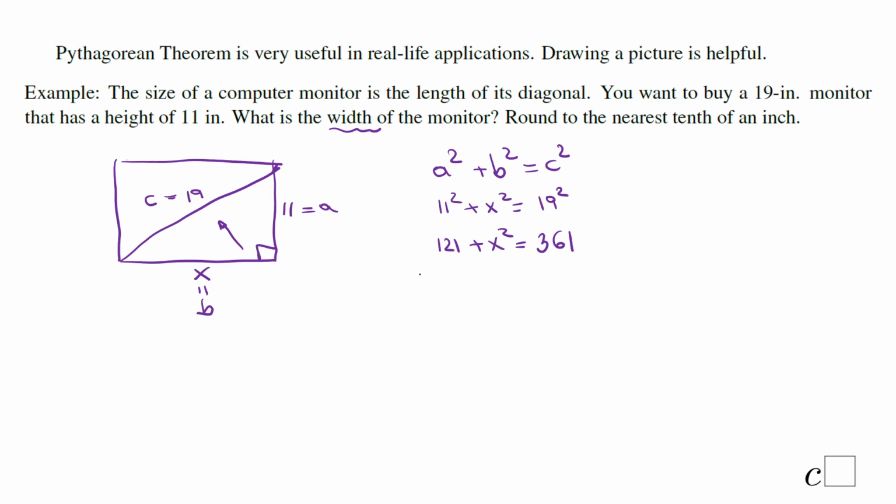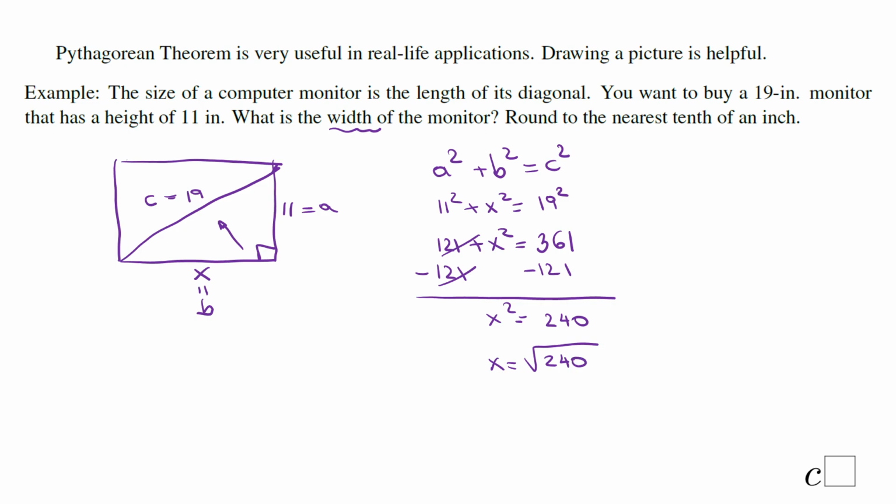361. We're going to subtract 121 on both sides because we want to find x, right? So we have x squared equals 240. So x will be square root of 240. Again, we don't need the plus and minus.